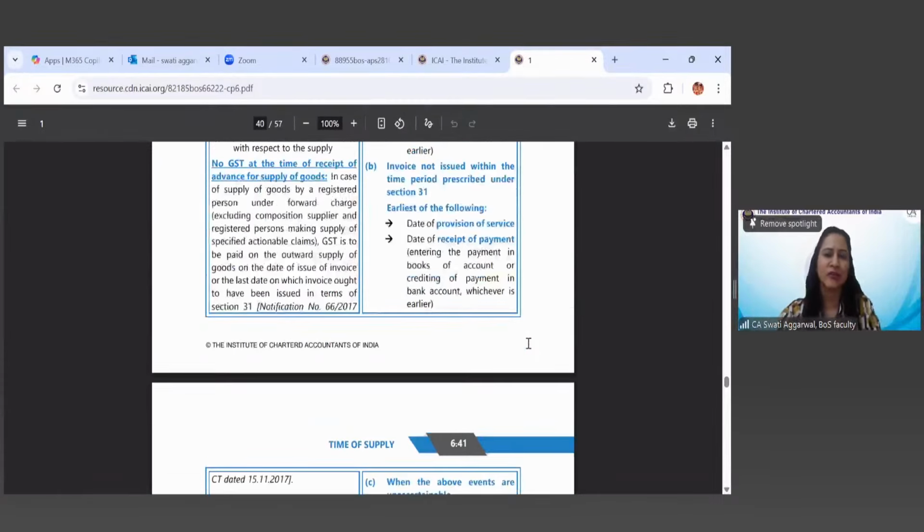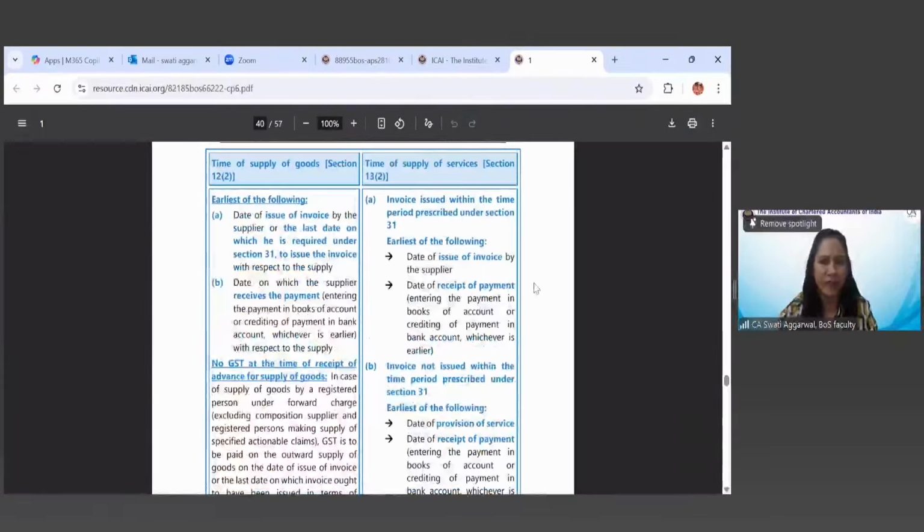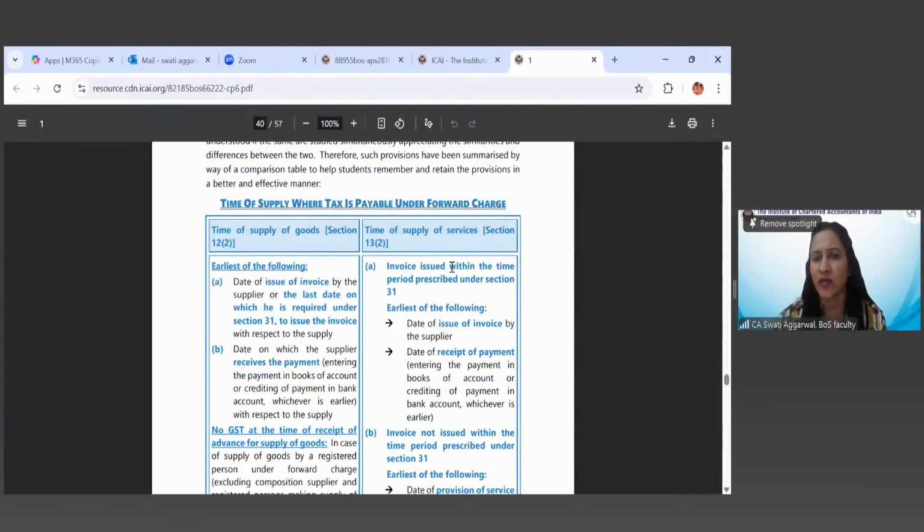See, as you know, this is a case of time of supply of services. So section 12, and also it is not covered under any of the specified reverse charge. So this is basically covered under forward charge only. And in case of services, section 13(2) is applicable here.